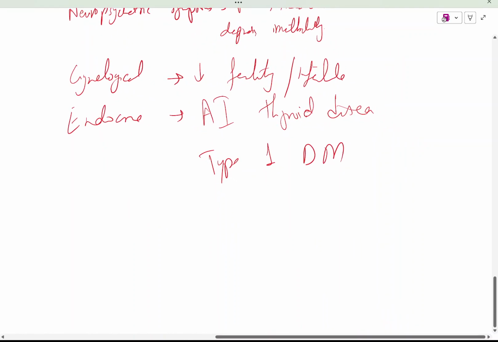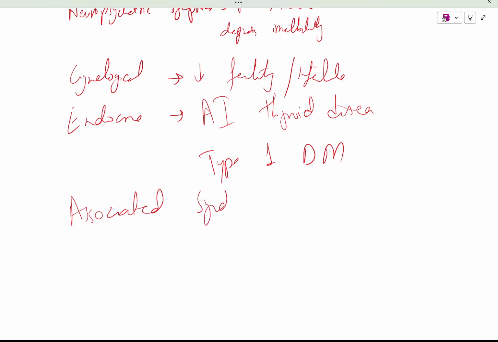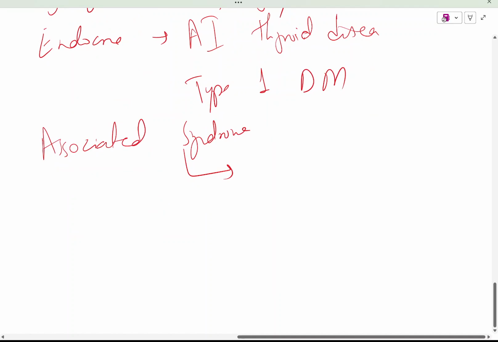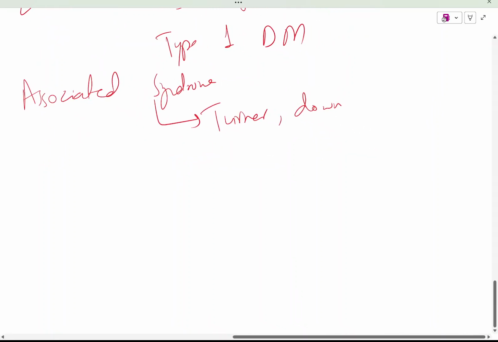So there is an association with syndromes. If a Down syndrome patient comes to you with diarrhea, what should you suspect? You should suspect celiac disease. It is also associated with Turner syndrome and Down syndrome. Since it is an autoimmune disease, other autoimmune diseases are also associated with it, like autoimmune hepatitis.